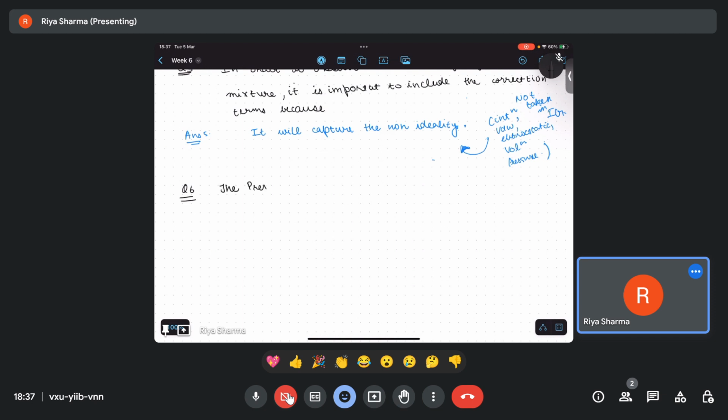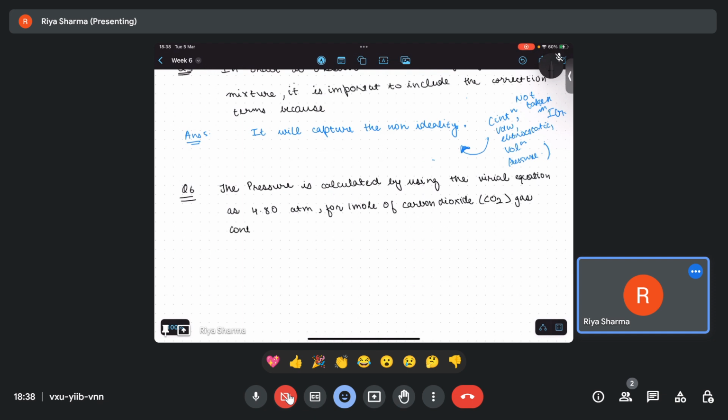It says the pressure is calculated by using the virial equation as 4.80 atm for 1 mole of carbon dioxide CO2 gas contained in a volume of 5 liter at 300 Kelvin.